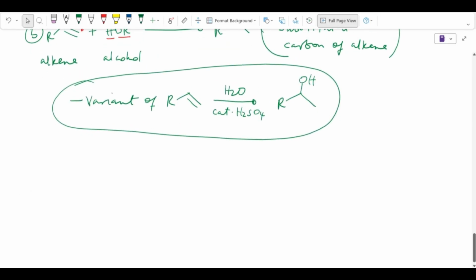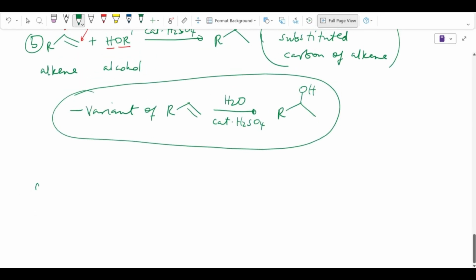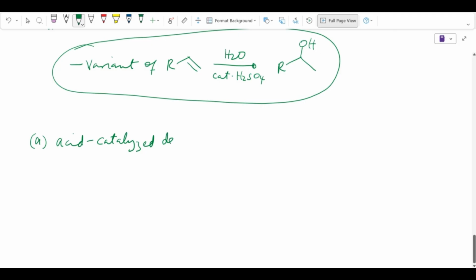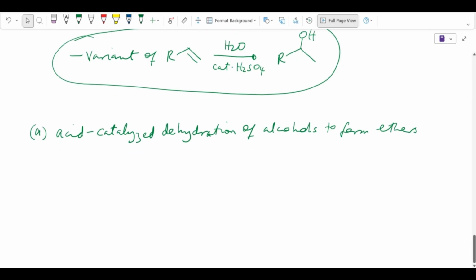We're going to discuss these individually. So let's start with the first one, A. A is also known as acid-catalyzed dehydration of alcohols to form ethers.